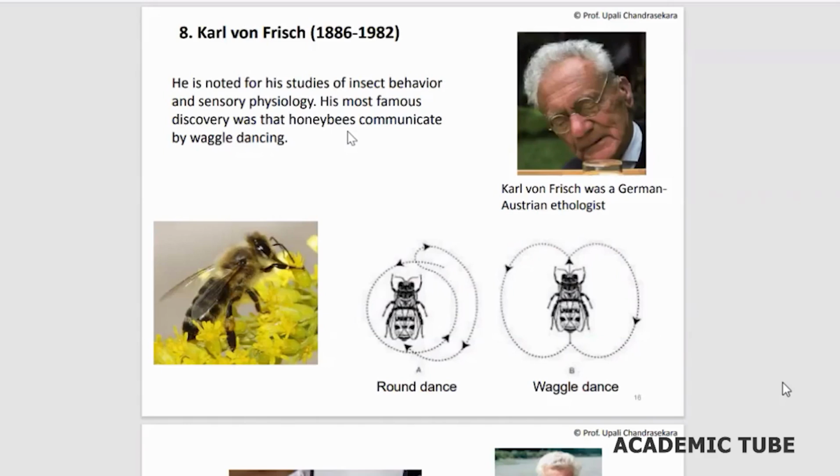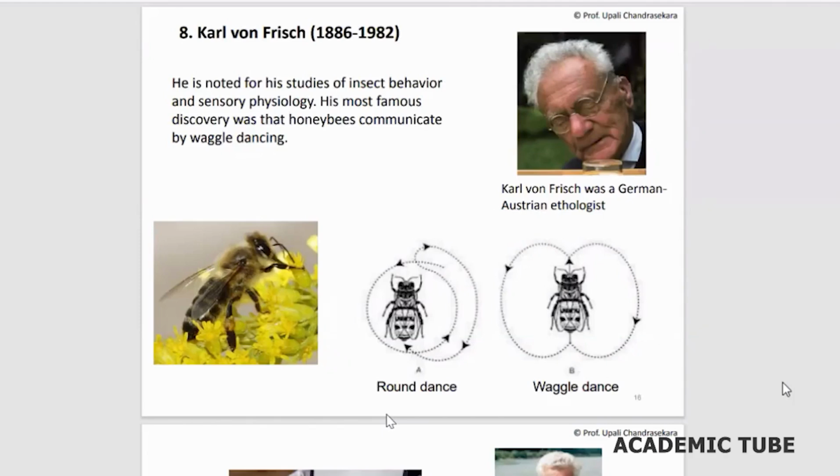One of his famous discoveries was honeybee communication. There is a full lecture on honeybee communication in this course unit. We'll learn about that. Now, honeybees, you know, they communicate. They cannot talk like we do, right? But they have their own language.